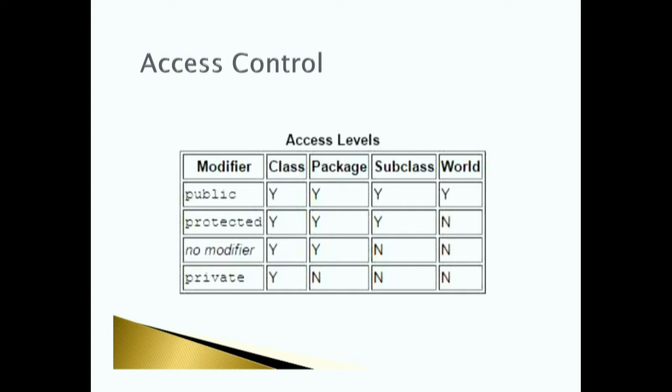When you're protected, your class and your package can access it, and your subclass can access it, but it's not available to everyone else in the world. No modifier is implicit package private, and that's when your class and your package can access it. And private is only inside of your class. Is that good for access modifiers, everyone?